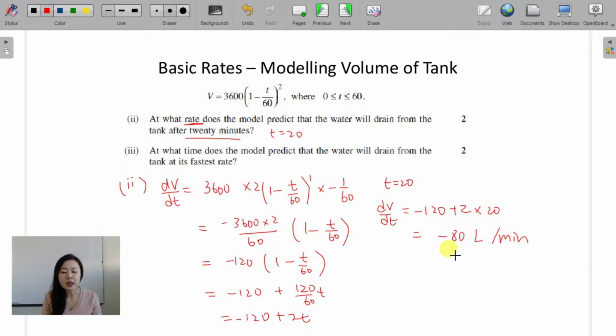Very simple. And the last part: at what time does the model predict the water will drain from the tank at the fastest rate? To understand that, I think it's important we look at the rate equation, which is this here, and look at it on the graph. So I'm just going to draw the rate equation. It's a linear function, so it's very easy to draw. There we go.